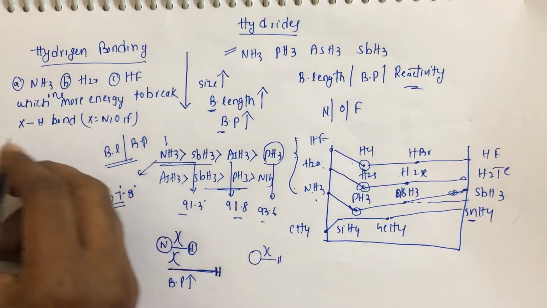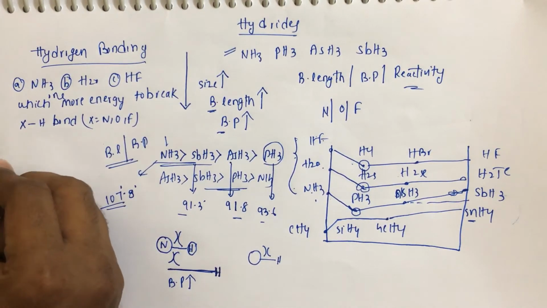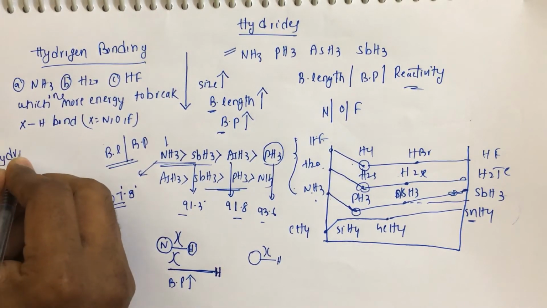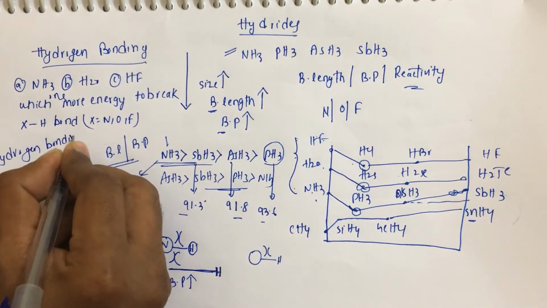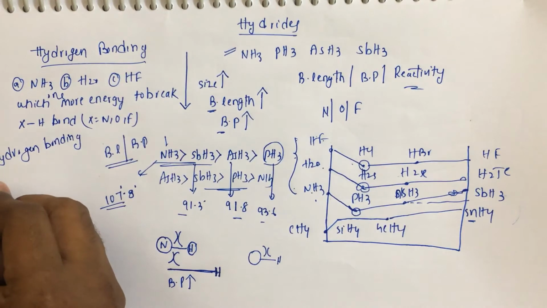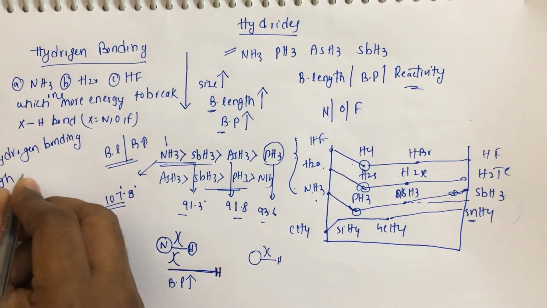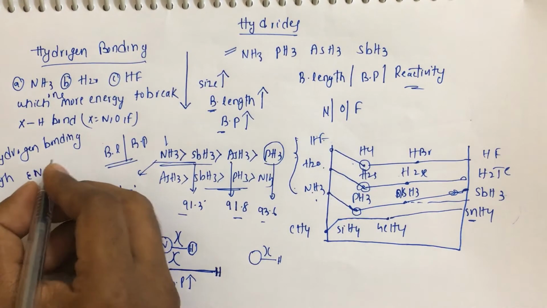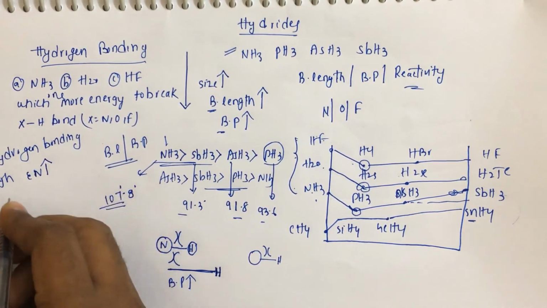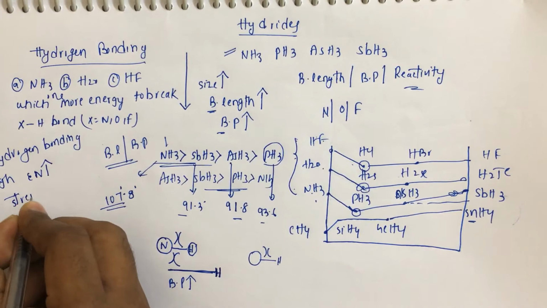So here we have to remember that we have to talk about hydrogen bonding. We know that the higher the electronegativity, the strength of hydrogen bonding also increases.